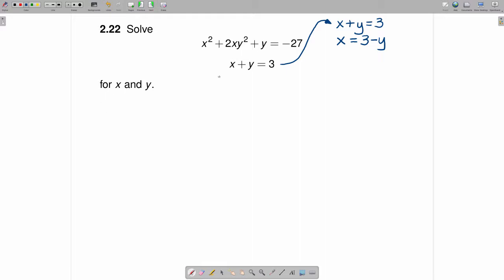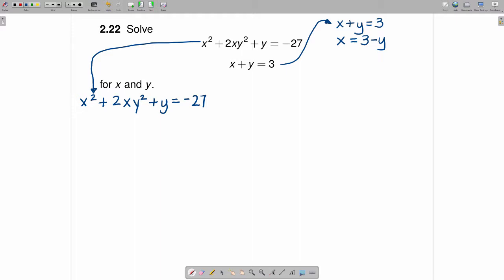So I'm going to rewrite this first equation over here, and that first equation is x squared plus 2xy squared plus y is equal to negative 27.